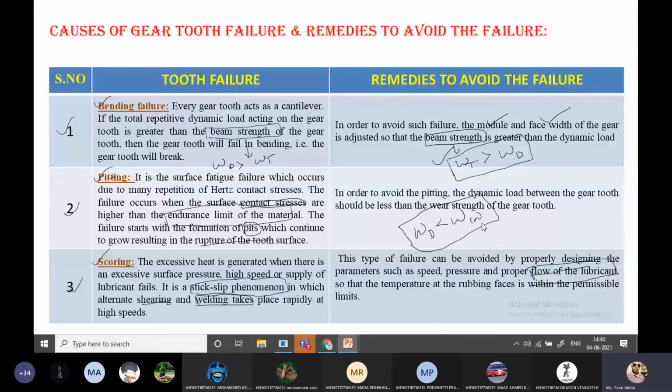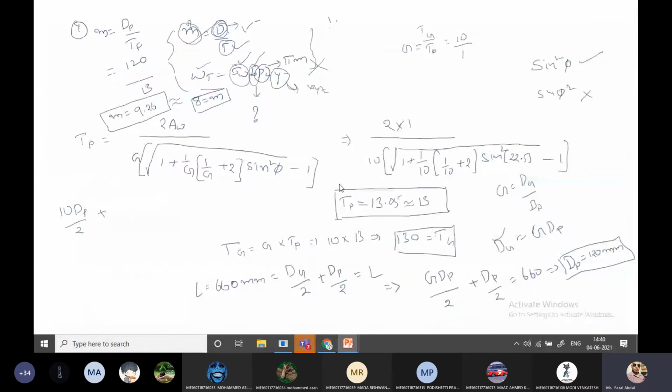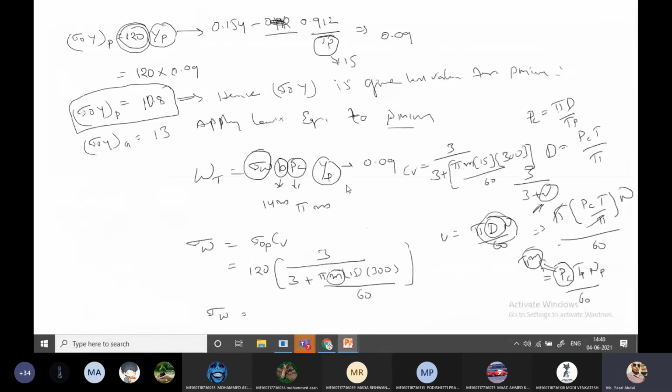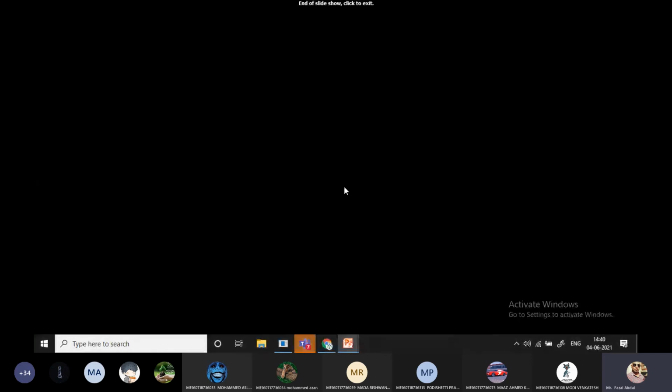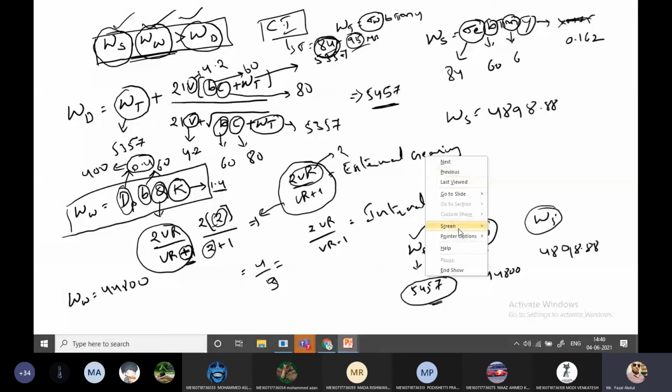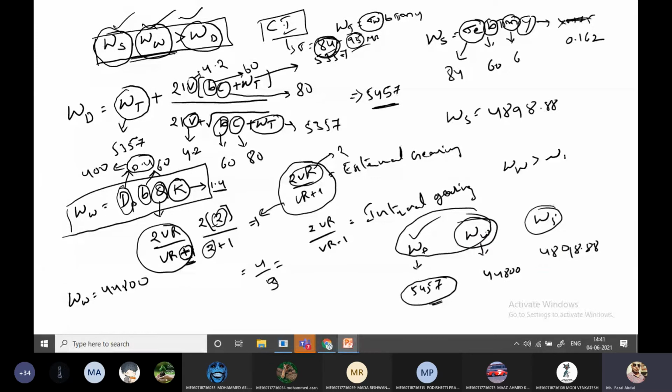If we satisfy this condition, we can overcome pitting failure. Comparing these two, the wear load is greater than the dynamic load, so we are overcoming pitting failure, but WD is greater than WS.